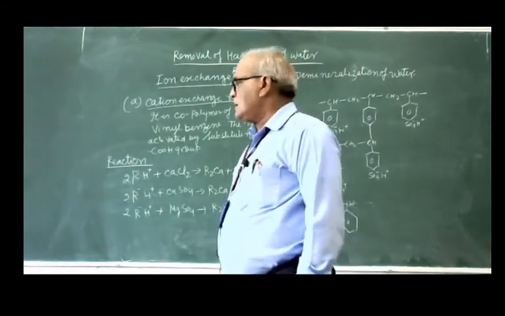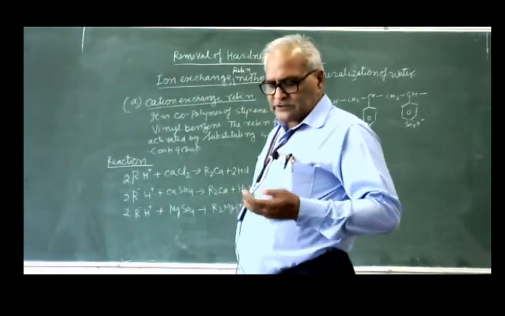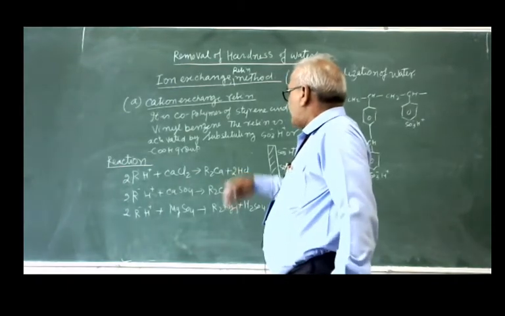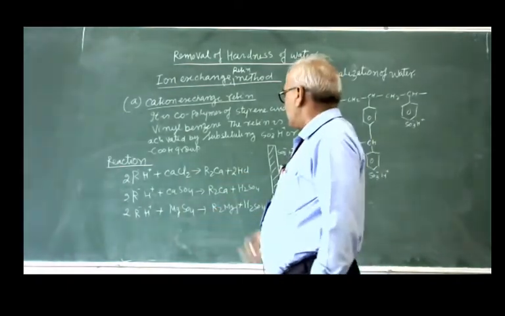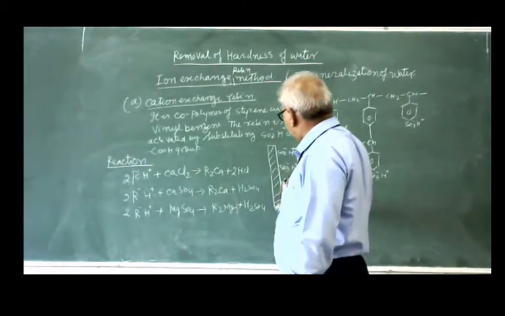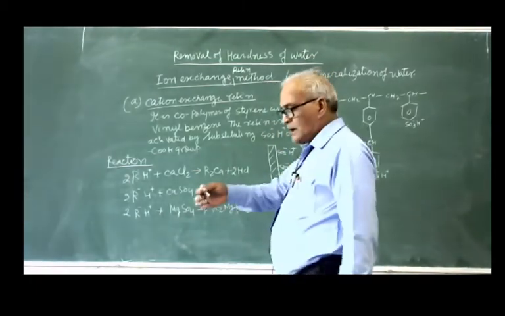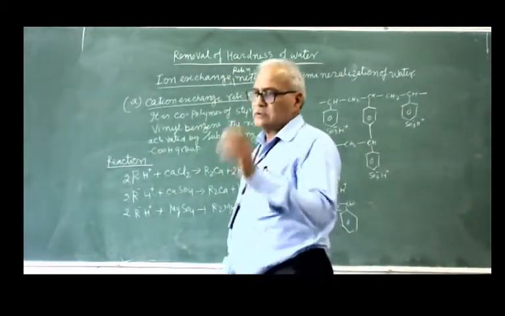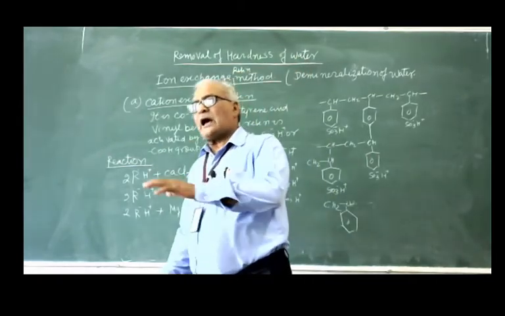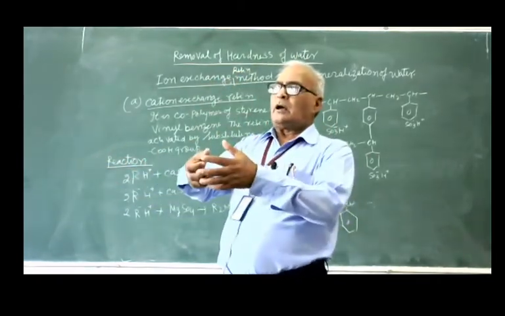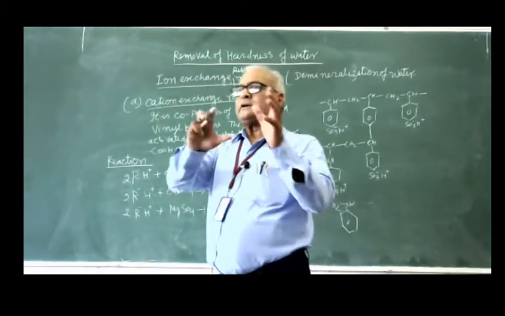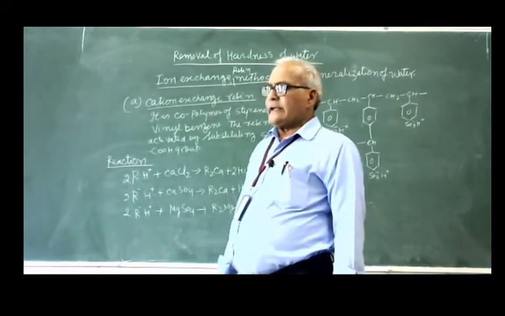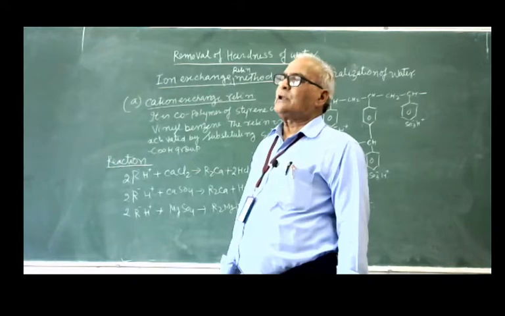After this we pass acid over the resin. I will show the compact diagram of the plant, where the cation and anion exchange resins are compact together, giving a full system of resin in which hardness can be removed.